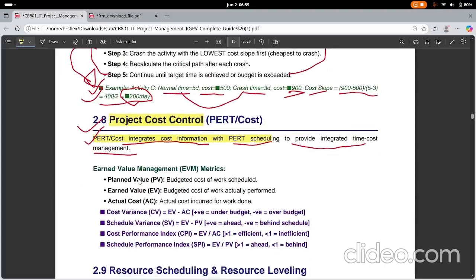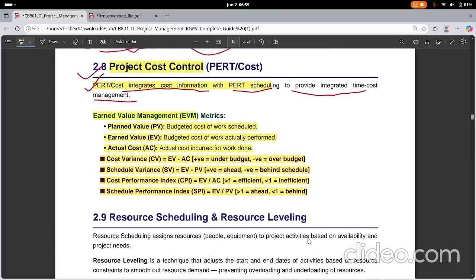There are a few things in cost management: planned value, earned value, and actual cost. These are just definitions, so you can just go through them. There is nothing you need to learn deeply here. It's pure definitions that you need to remember.